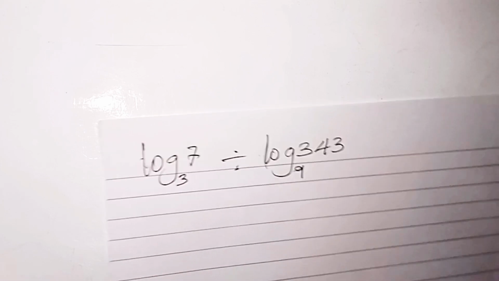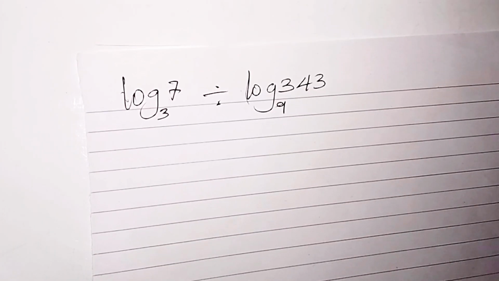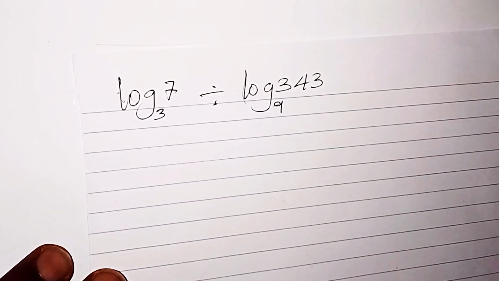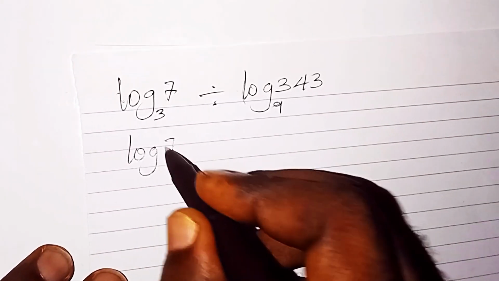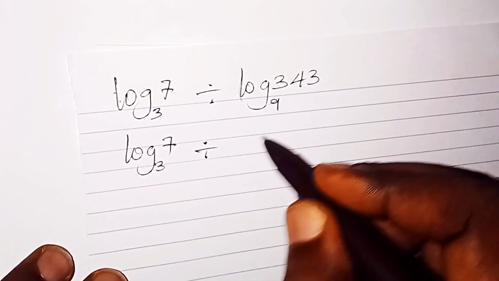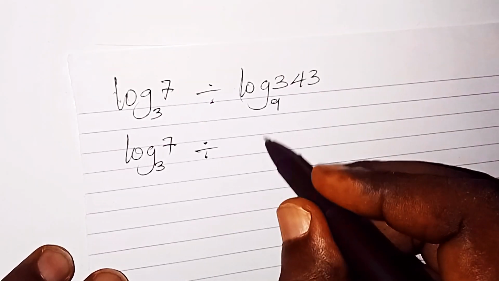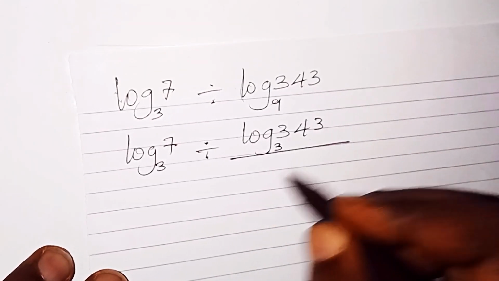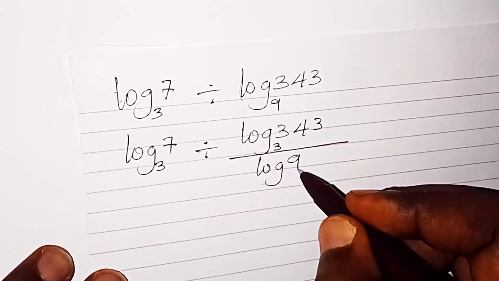In this case maybe we should use the smaller base. It's always more comfortable and easier if you use a smaller base. So let's go for log 7 base 3 divided by, in this case I want to change this one to base 3, so it's going to be log 343 base 3 divided by log 9 base 3.